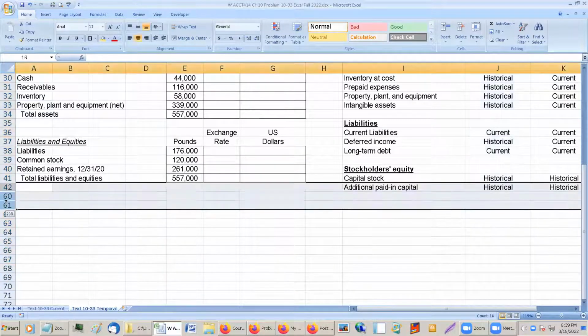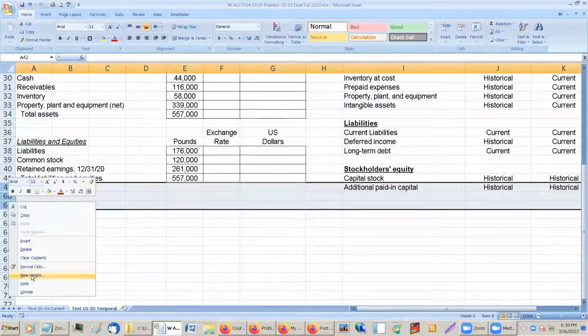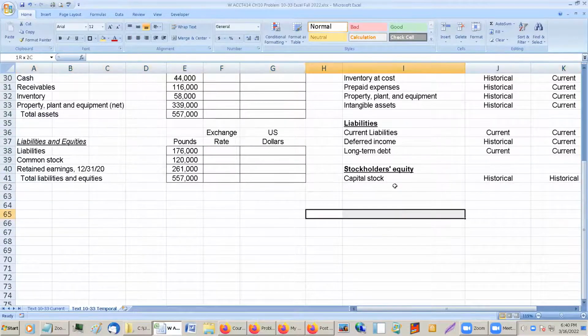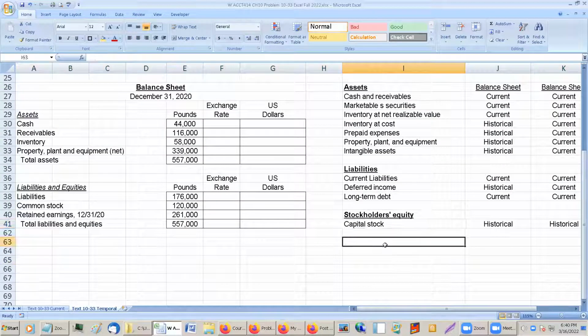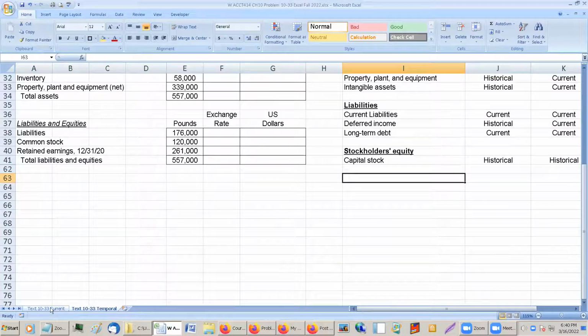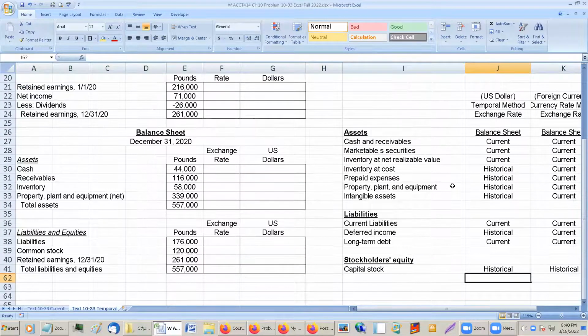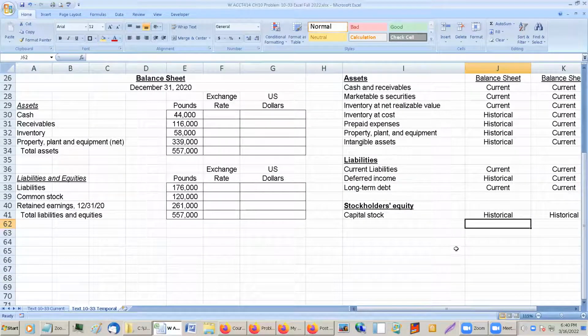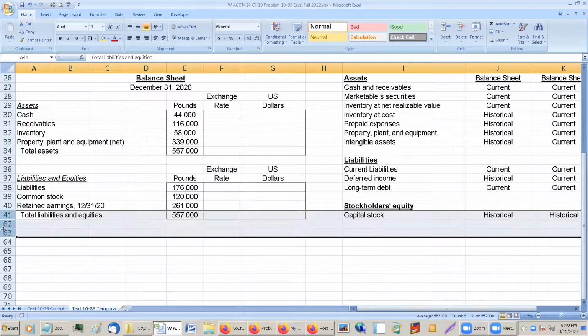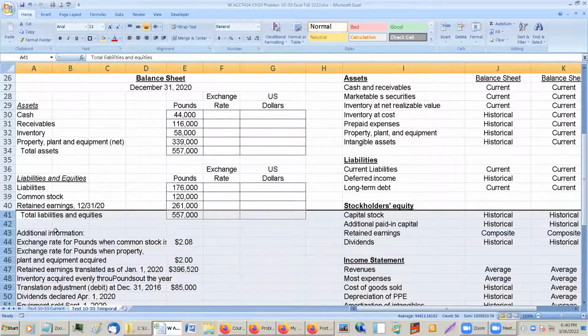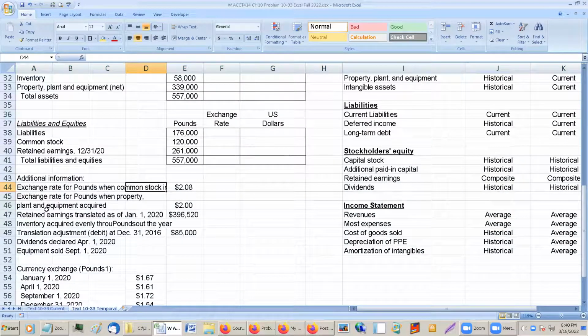I'm missing a bunch of stuff here. Just highlight between 41 and 61 and right click on hide. Unhide. Yeah. Okay, sorry about that.